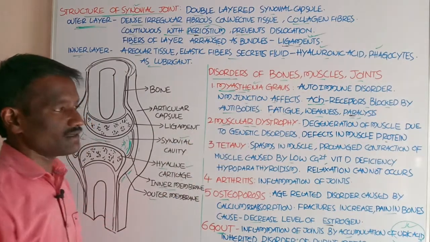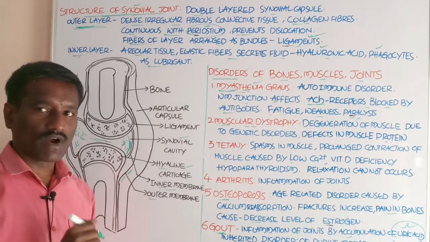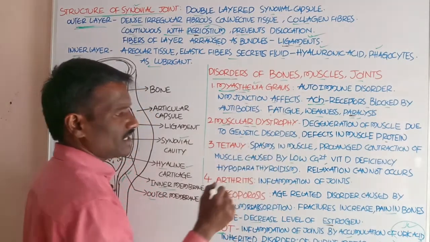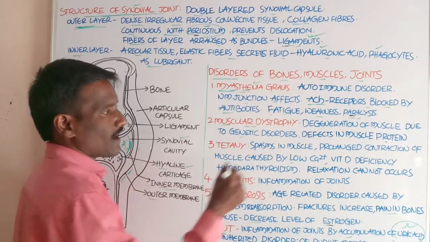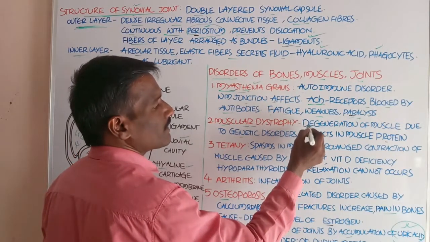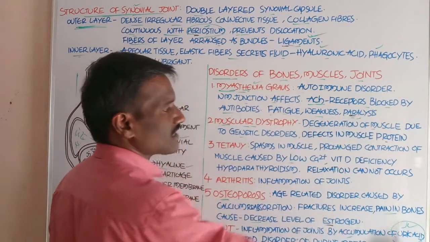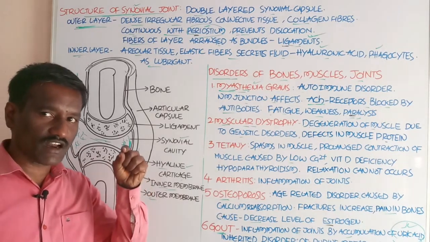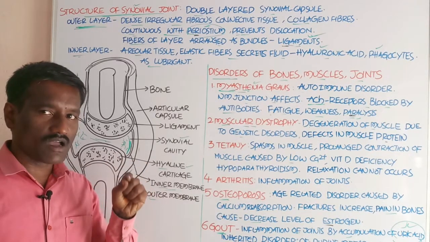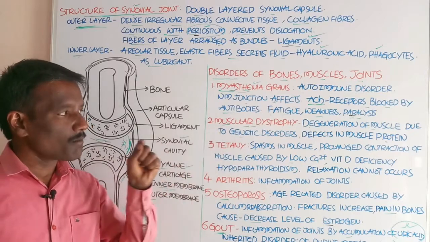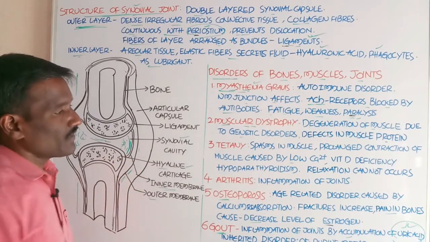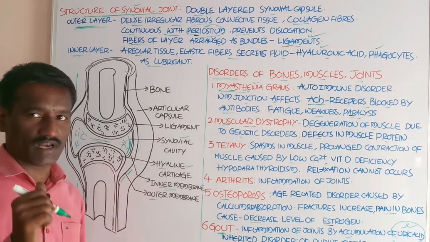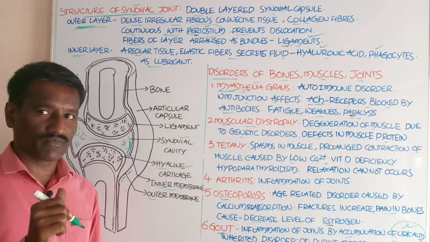Next, the second one is muscular dystrophy. What about muscular dystrophy? This is a genetic disorder with progressive degeneration of the muscles. It involves defects in a muscle protein, dystrophin.